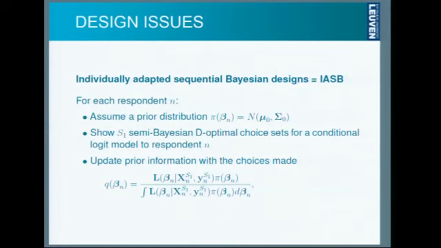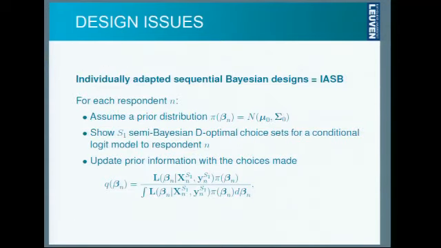We try to get very good choice sets for a particular person, to estimate each beta n very precisely for each person separately, and hoping that in the end, if you can estimate these different beta n's very precisely, you can also estimate the distribution function rather precisely. Okay. So how do we get optimal designs for each individual separately? That's what's explained here and on the next slide.